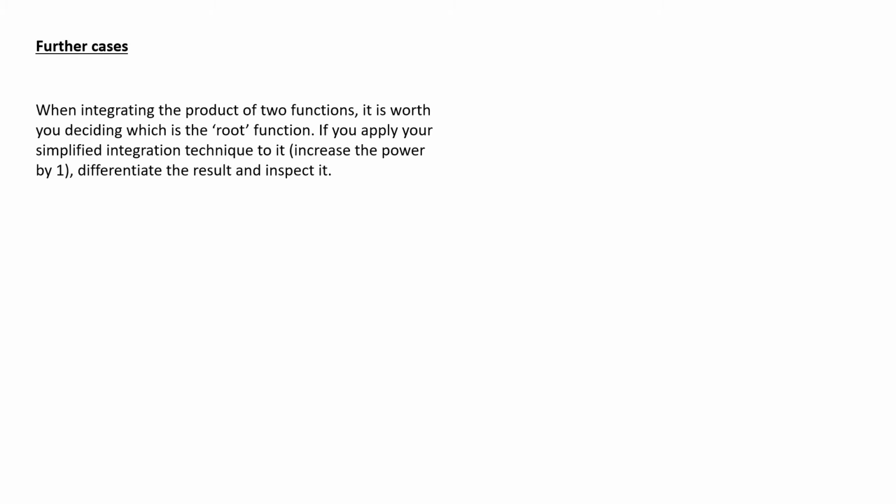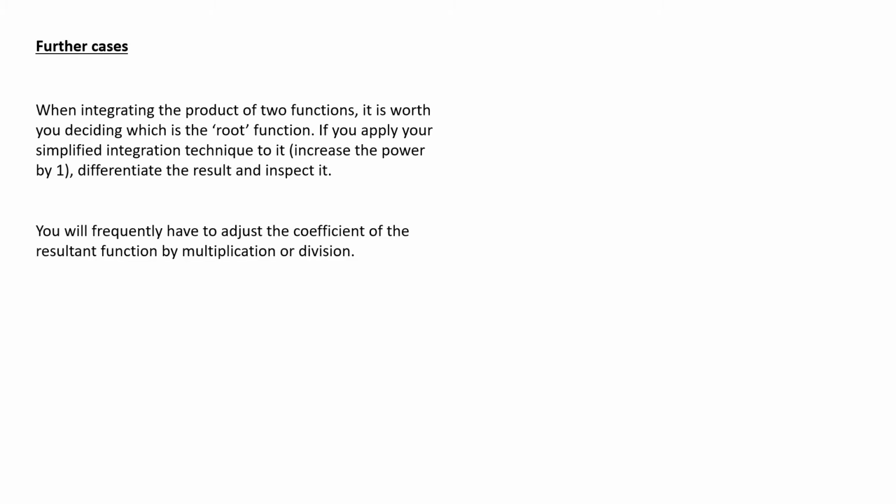So rather than having to integrate it step by step, you can do it by simplifying it, increase the power by 1 if it is a power, and then differentiate the result and inspect it to see what you've got. You might have to adjust the coefficient to make it behave itself, and you'll do that by either multiplication or division, frequently division, but not always.